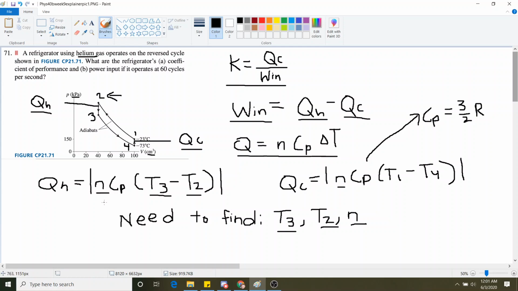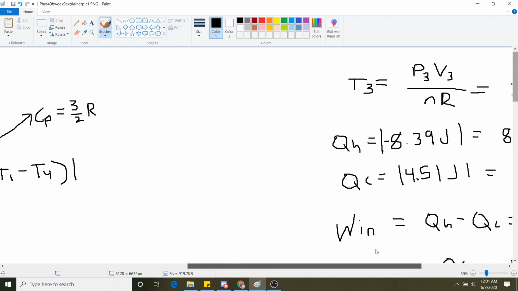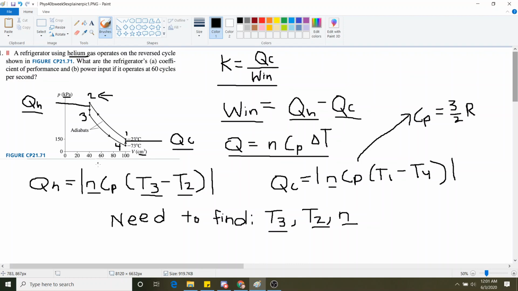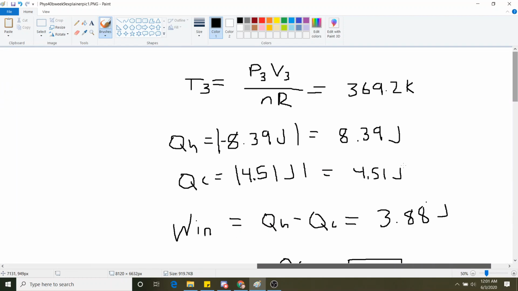We're going to plug in the number of moles, plug in this constant, and plug in the temperatures. And when we do that, we get QH is going to be equal to, notice that there's an absolute value around this equation, so even if it's negative, it's going to be positive, of course. So it's going to end up being 8.39 joules for QH, and for QC it's going to be 4.51 joules.